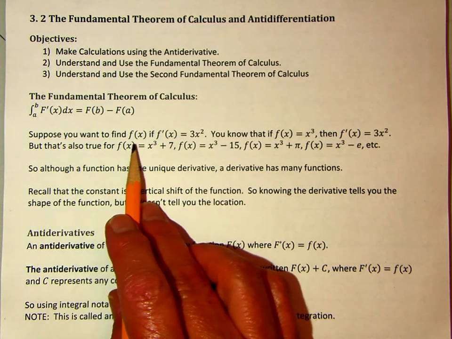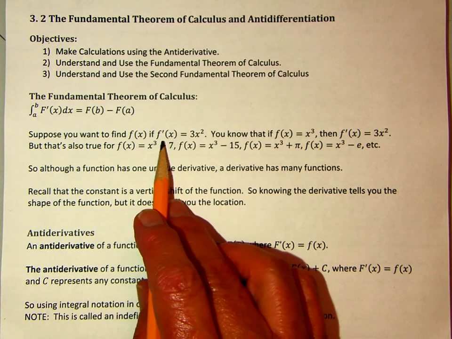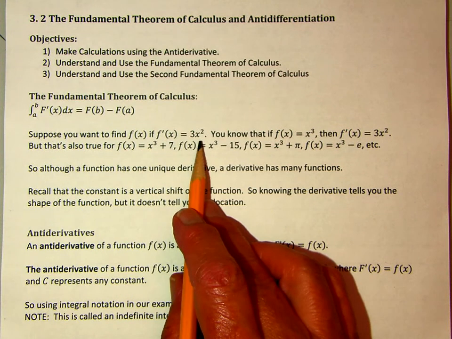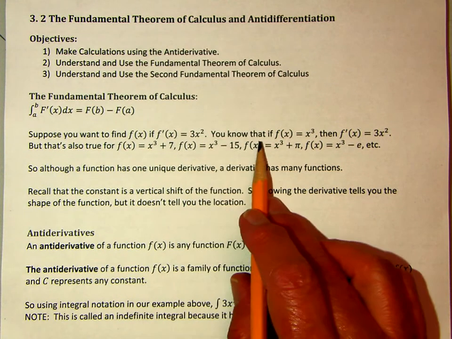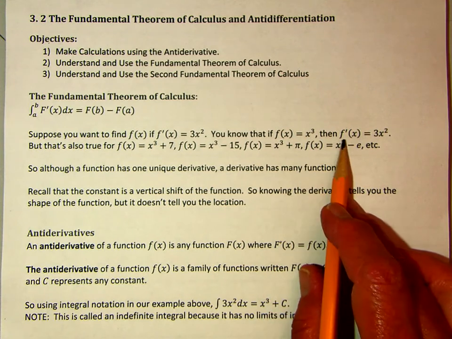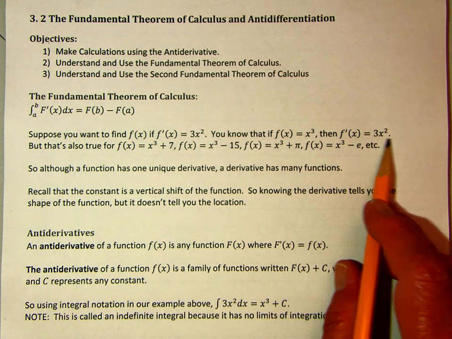Suppose you want to find f of x if f prime of x, the derivative of f of x, is 3x squared. You know that if f of x is x cubed, then the derivative f prime of x would be 3x squared.